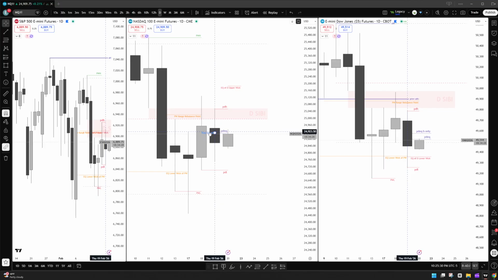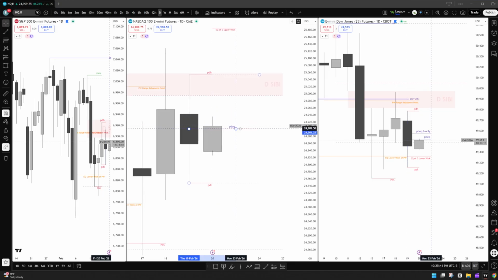Let's grab previous day EQ. Okay, and then this body's tiny, so I don't think it's going to matter. Yeah. And then I want to notate and measure.